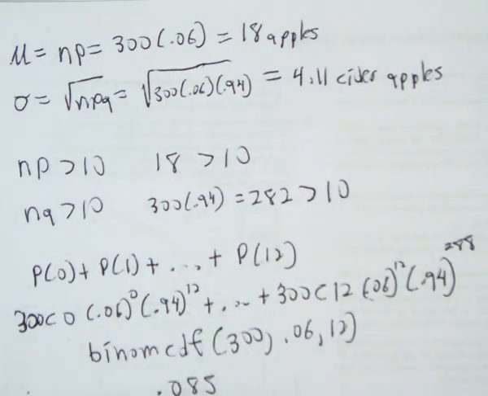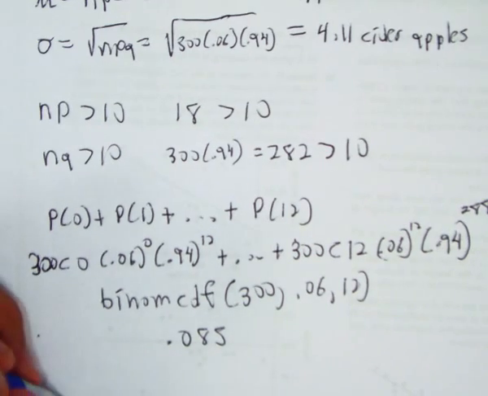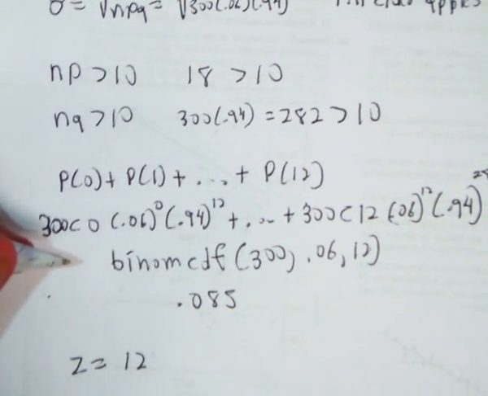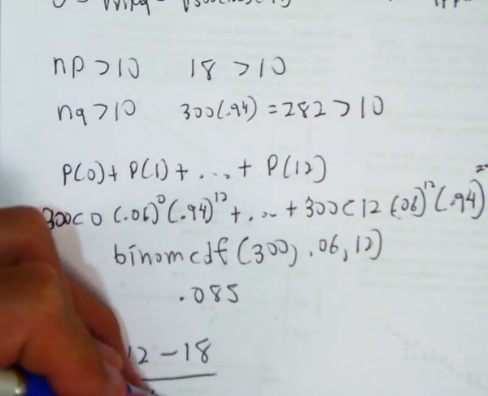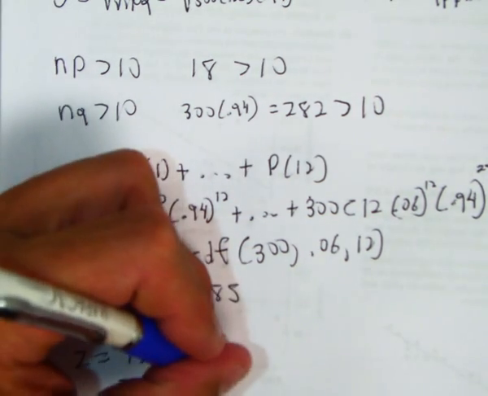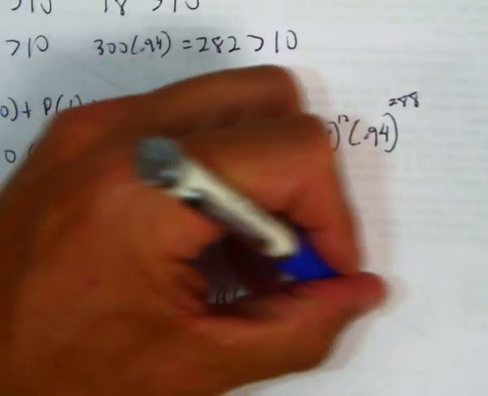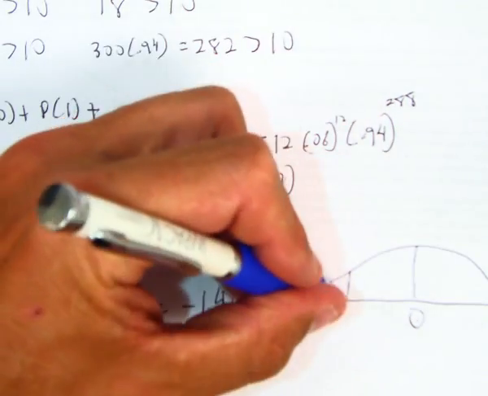But since we did this standard deviation and mean here, I'm going to do a z-score. So a z-score for 12, we would do 12 minus 18 over 4.11. And if you do that, you get negative 1.460. And no more than 12, so the mean is 18.